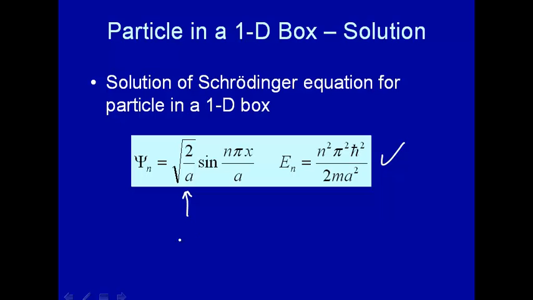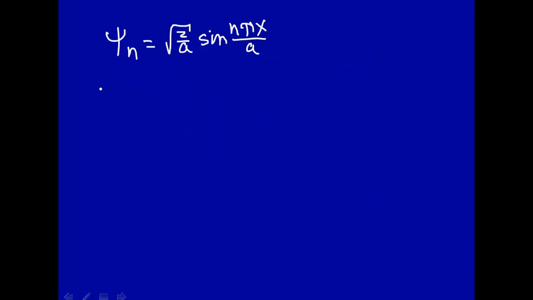Now, another useful property for wave functions is that they're orthogonal, meaning if you take one wave function and multiply it by another and integrate over all space, you'll get 0. So let's see if that's the case for these wave functions. In other words, if we have another wave function, say psi m, characterized by its quantum number, square root of 2 over a sine of m pi x over a.